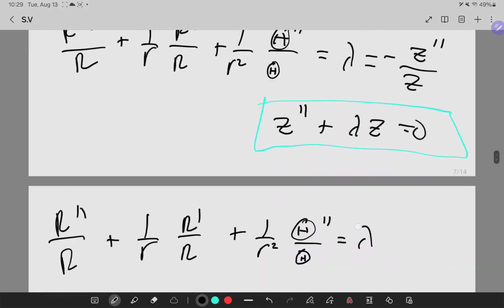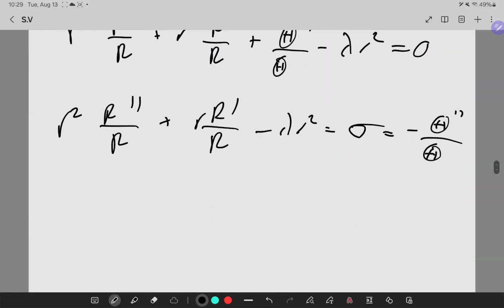So this is definitely a longer one, right? We now have two more equations. Let's look at the theta one first. So we have theta double prime plus sigma theta is equal to 0.